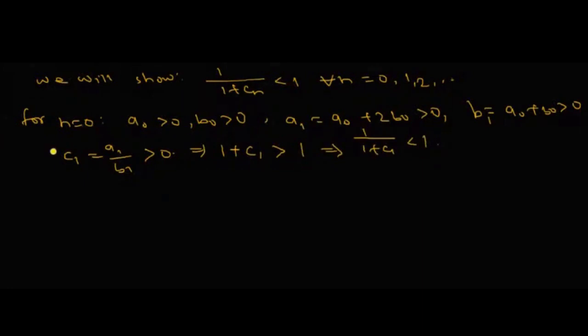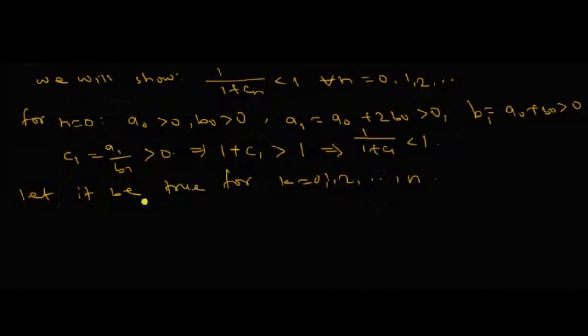So it's true for n is equal to 1. Let it be true for k is equal to 1, 2, dot dot n. In fact, it will be true even for 0.